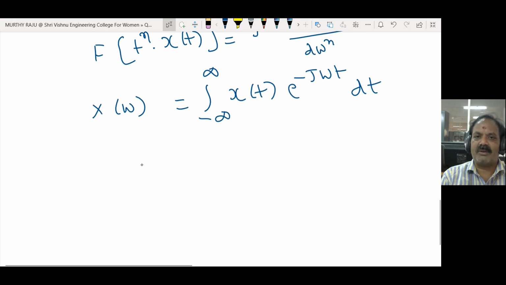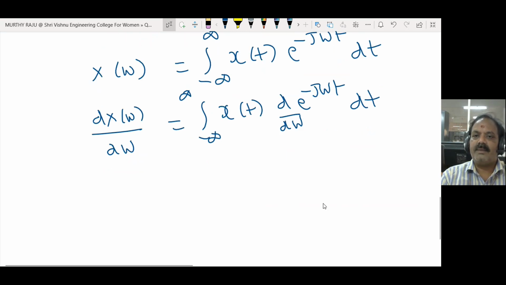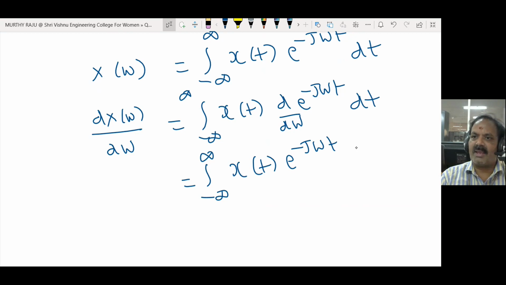Differentiate the above equation with respect to omega: d X of omega by d omega is the integral of x of t d by d omega of e power minus j omega t dt, which is the integral of x of t e power minus j omega t, and the differentiation of minus j omega t with respect to omega is minus j t, dt.